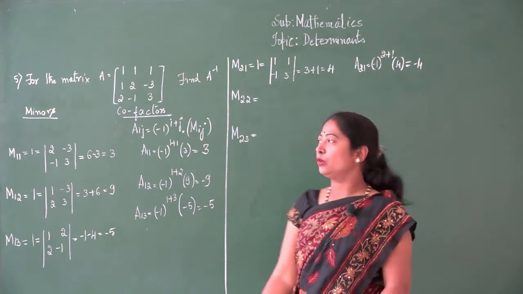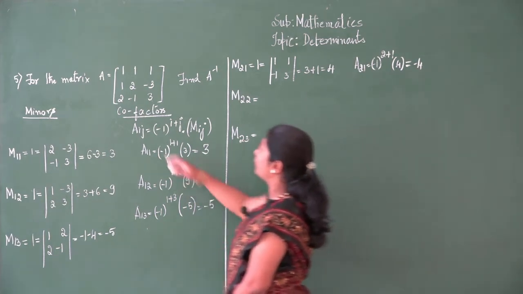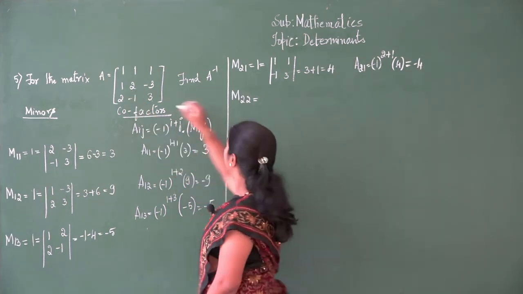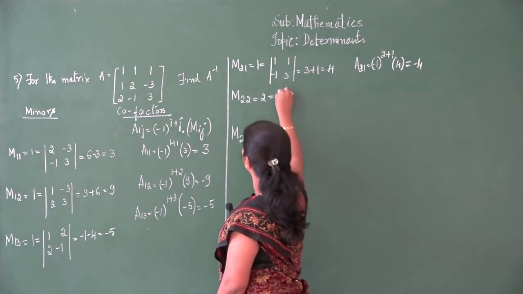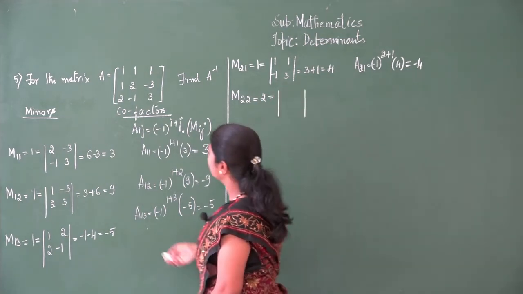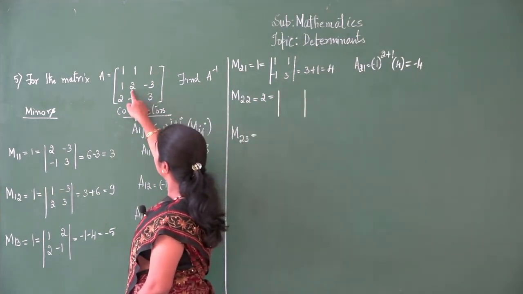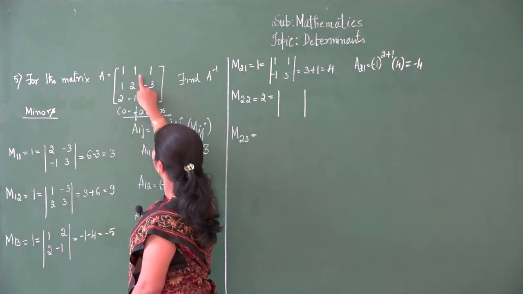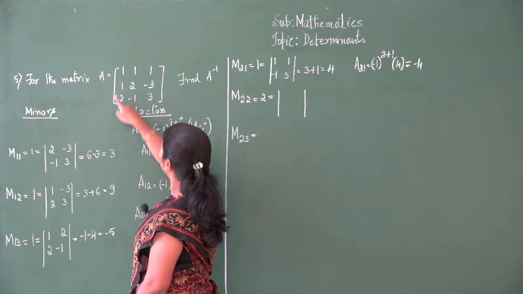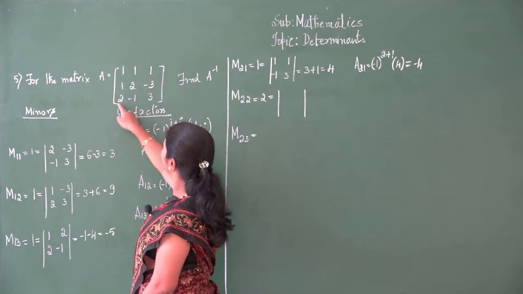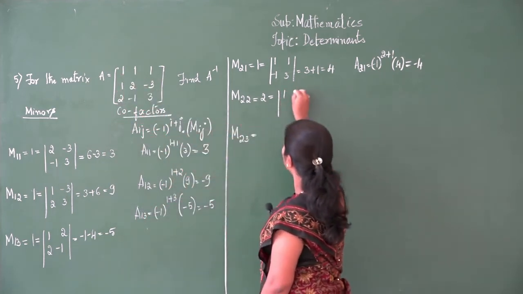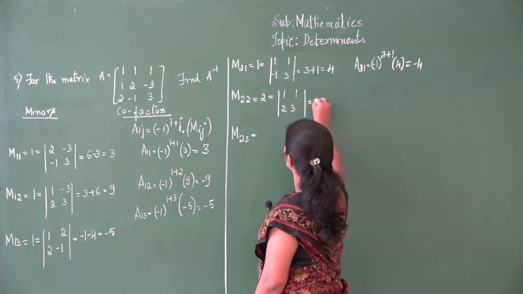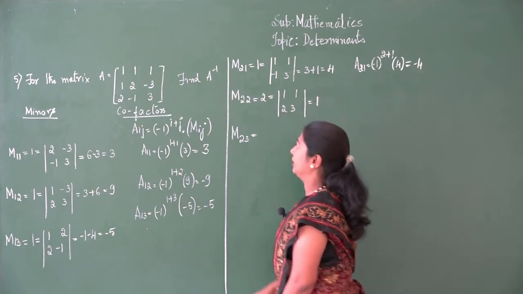Similarly, M22, which element are we speaking about? Second row, second element, that is 2. When I consider this 2, you are supposed to leave this row and this column, complete row and complete column. What are the elements left out? 1, 1, 2, 3. 3 minus 2 will be 1.